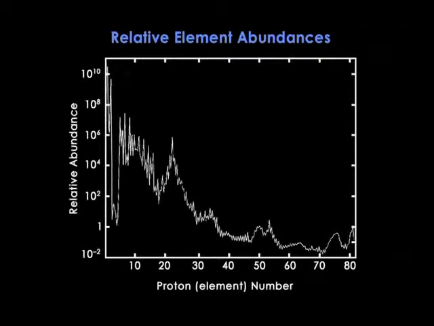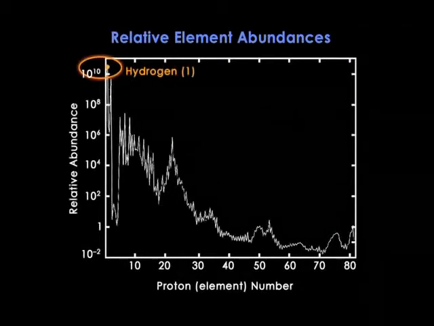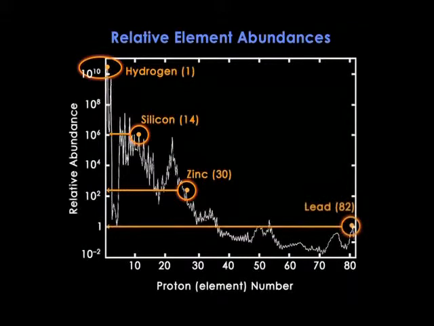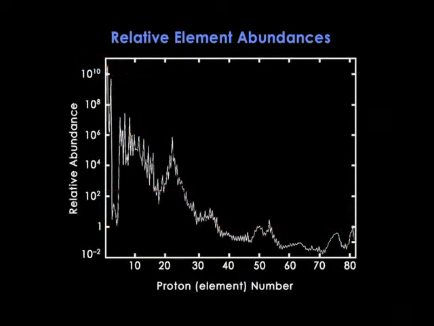Now notice the y-axis is exponential and spans a huge range. For example, for every 10 billion atoms of hydrogen, we have 1 million atoms of silicon, 100 atoms of zinc, and just 1 atom of lead. Now, its overall shape has a steady decline with a number of peaks along the way.